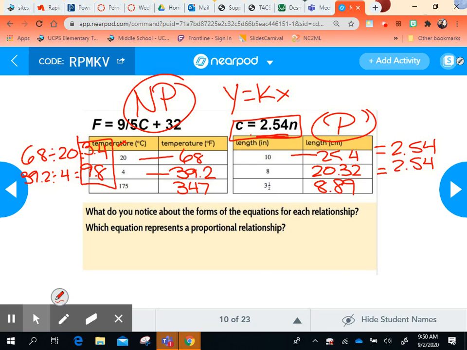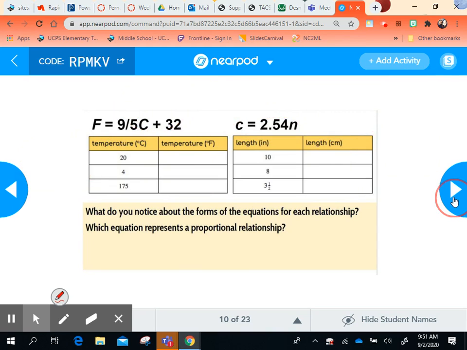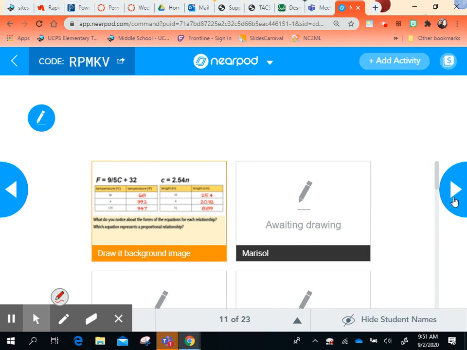And then non-proportional relationships have extra things. So like this one is y equals kx plus another number, or something else is added on to it. So we're going to write something real quick in a second, but we're going to move to the next slide first.